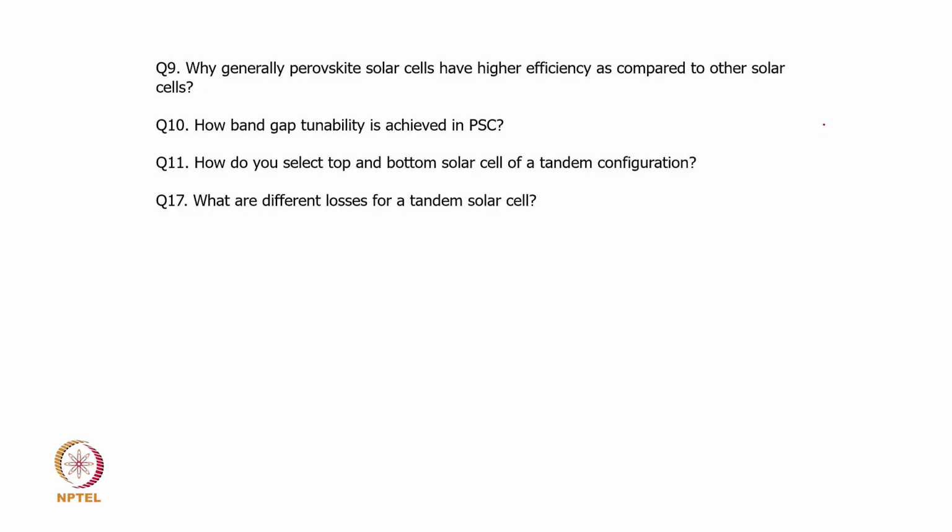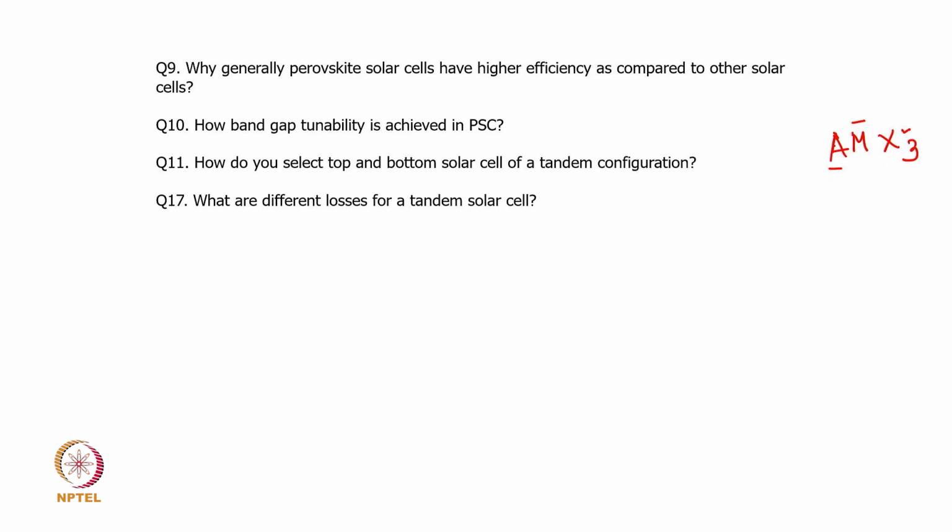That means AMX3, which is the typical chemical name of this inorganic-organic perovskite, either you change A or you change M or you change X. All these three examples we have seen how one can significantly vary the band gap just by changing either of these three elements or compounds present in the perovskite structure.